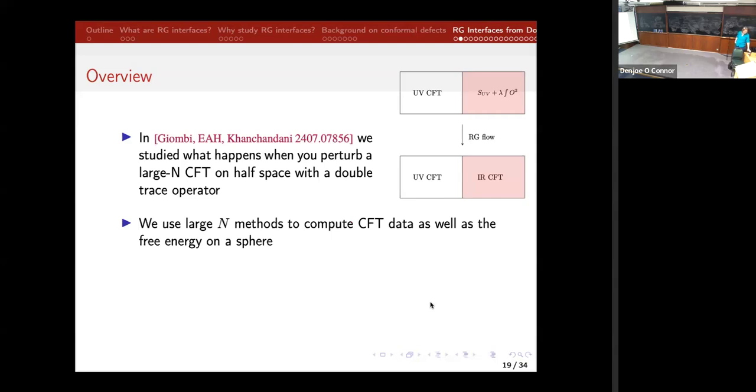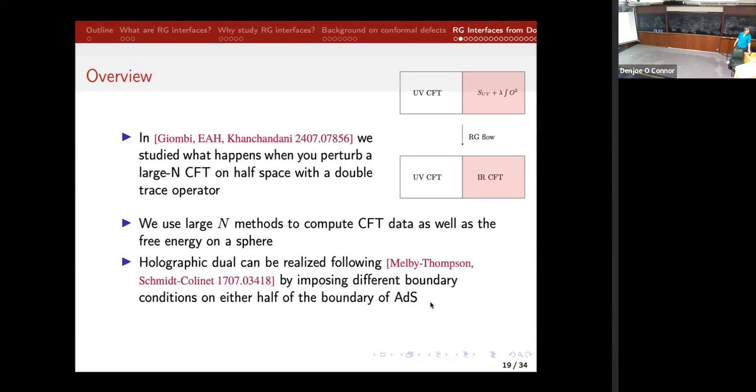We used large N methods to compute CFT data, as well as the free energy on a sphere. And we also looked at the holographic tool outlined in this 2017 paper by Melvin Thompson and Schmidt-Conway, where they impose different boundary conditions on either half of the boundary of AdS, and I'll get more into that in a bit.